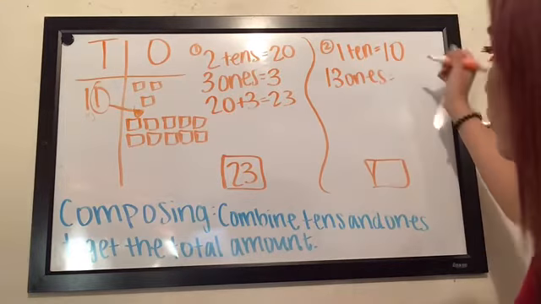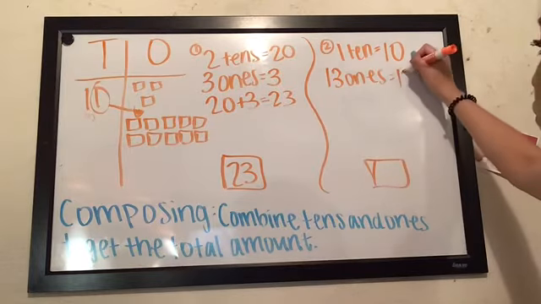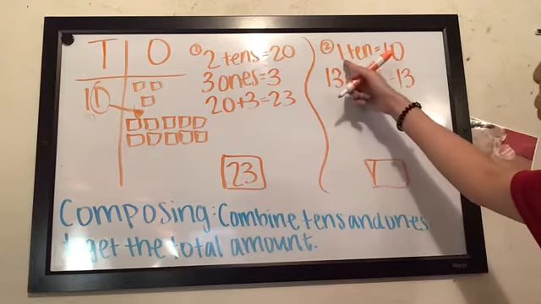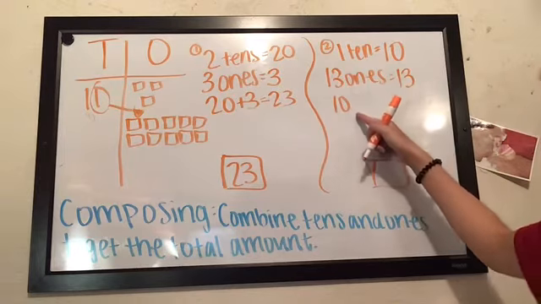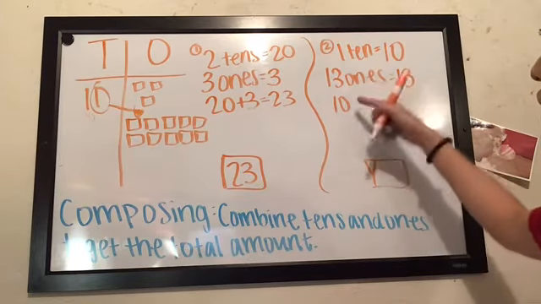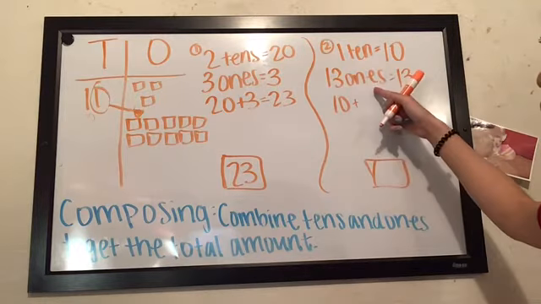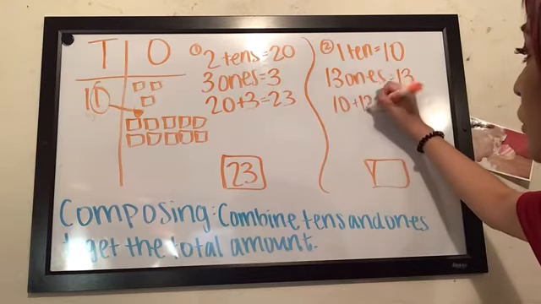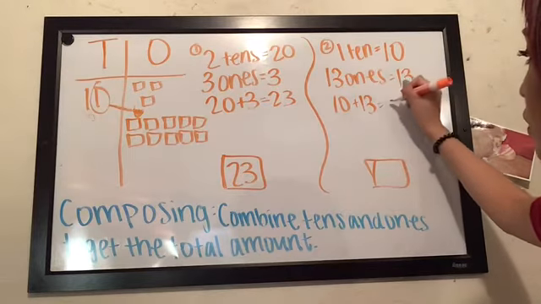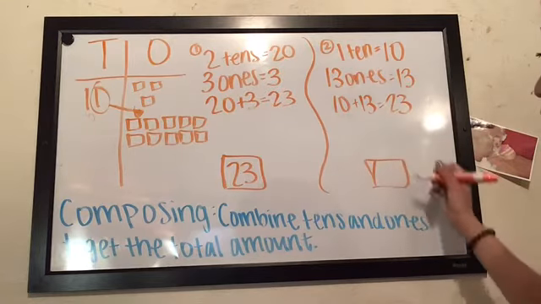And what is the total of 13 ones? Each one is a unit, so it equals 13. So you have 1 10 equals 10. So the total of 1 10 is 10. And then you're going to add 13 ones. The total of 13 ones is 13 because they're each 1 unit. So that's a total of 23 if you add the numbers together.